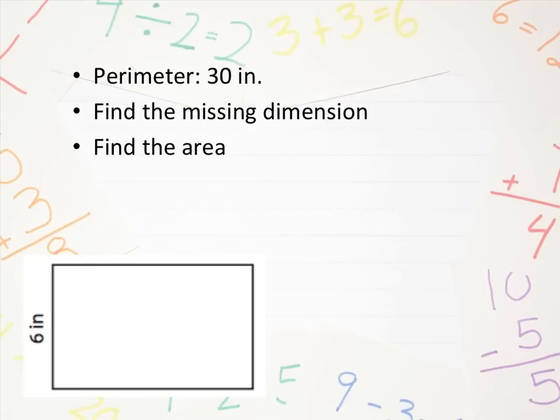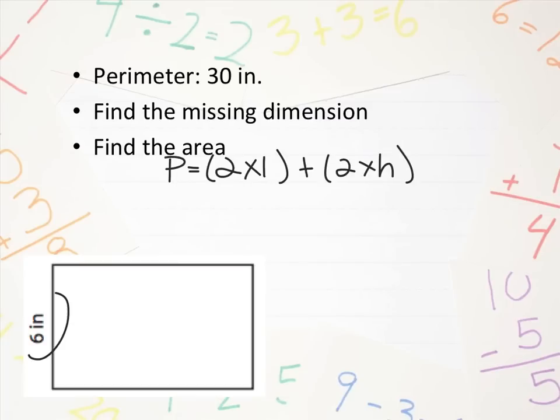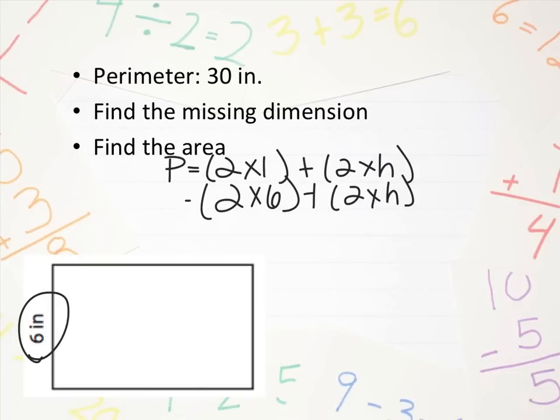And let's do just one more example. This time we'll start with the perimeter so that we can work backwards that way. Remember that formula. Perimeter is 2 times the length plus 2 times the height. I have the side 6, so if I do 2 times 6 plus 2 times the height to get my perimeter, which is 30. 2 times 6 is 12. 12 plus 2 times the height equals 30.